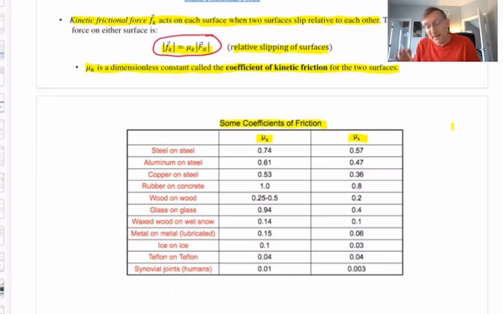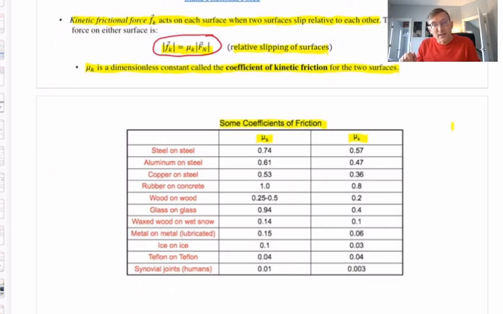The coefficient of kinetic friction is a little bit less at 0.8. 1 is considered pretty good size. But there's nothing that says you couldn't have two surfaces for which the coefficient of static friction was larger than 1. And very small values compared to 1 for a coefficient of friction means the surfaces really don't stick much, like between the joints in humans or when you have Teflon on Teflon.